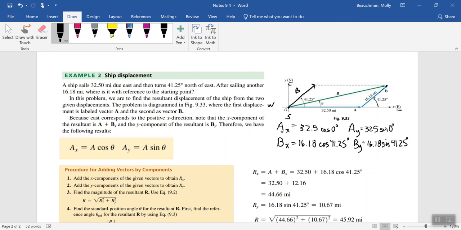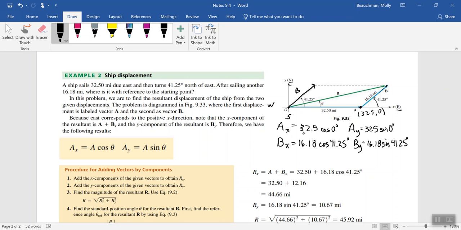So vector a, remember that the x component is a times the cosine theta, and the y component is a times the sine theta. So our x and y components of a right here: the x component is 32.5 times the cosine of 0. The cosine of 0 is 1. So actually, since it's on the x-axis, the components are 32.5 and 0.